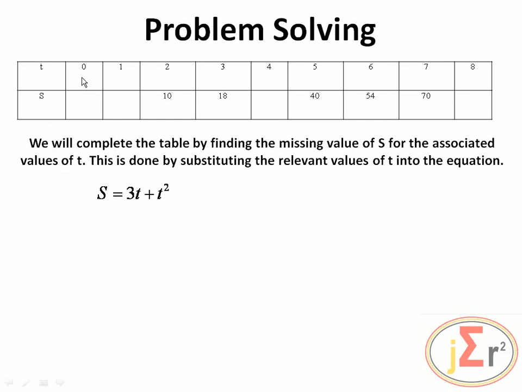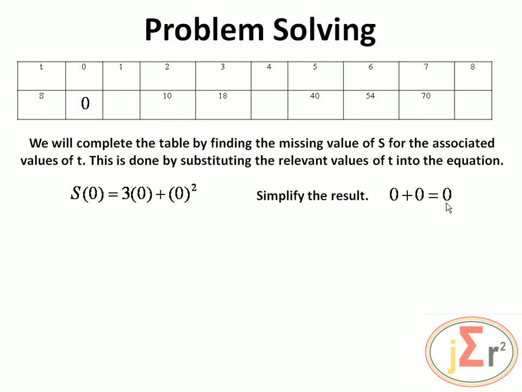And of course, the first one that we need to find an associated value for is t is equal to 0. So where we see t, we put 0. So we are going to have 3 times 0 plus 0 squared. And of course, simplifying, 0, 0, and that is equal to 0.